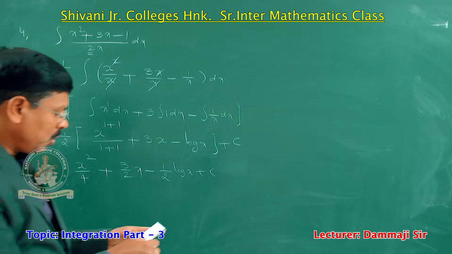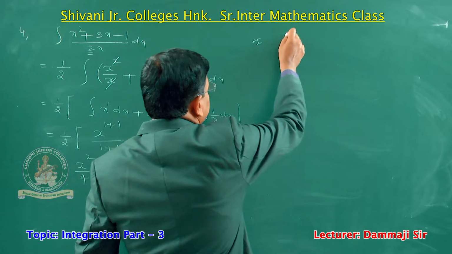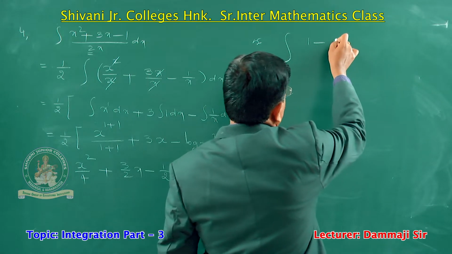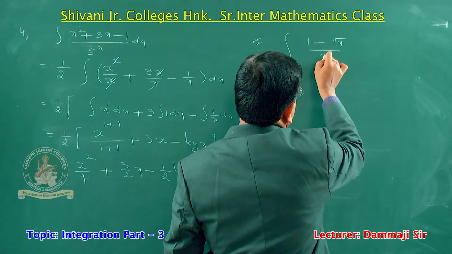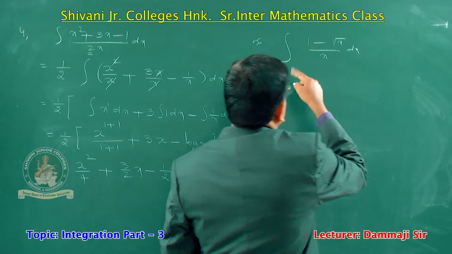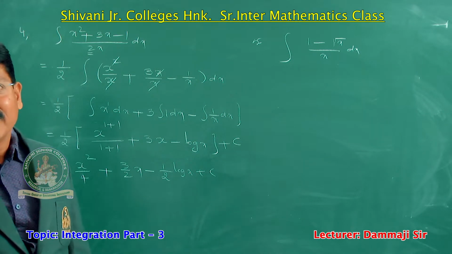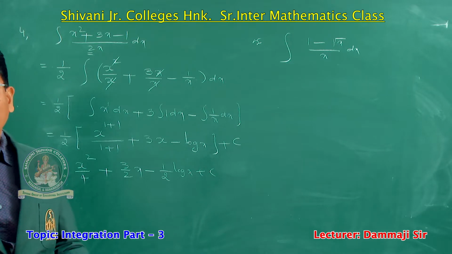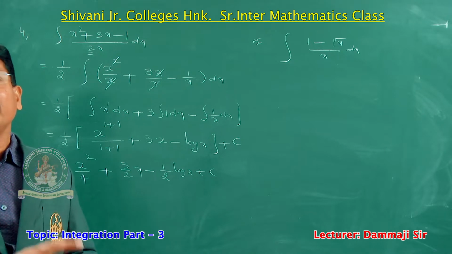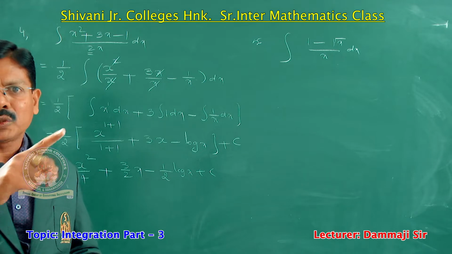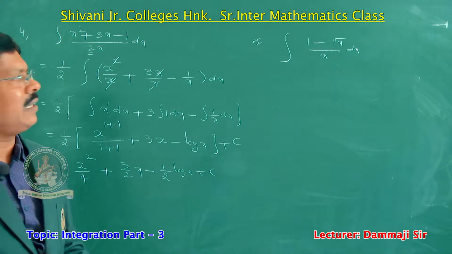Okay, one more problem we can observe: integral of (1 minus root x) by x, which also belongs to algebra. What about the process? I have already told that in algebra it is either expanding, splitting, or cancellation.